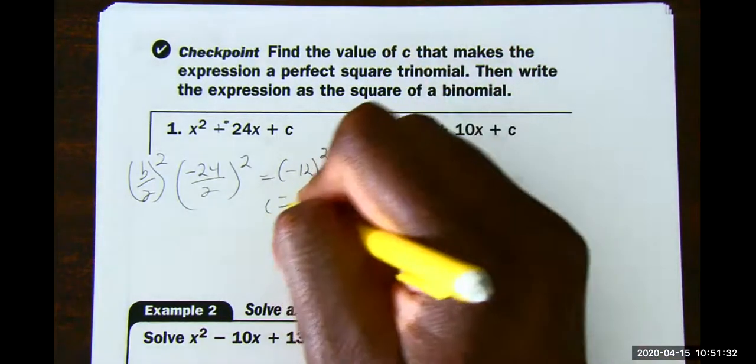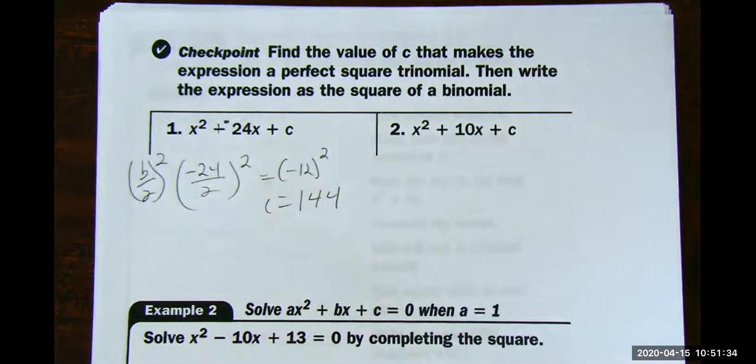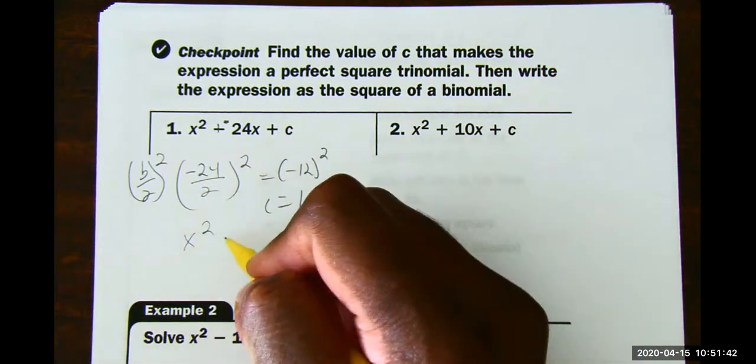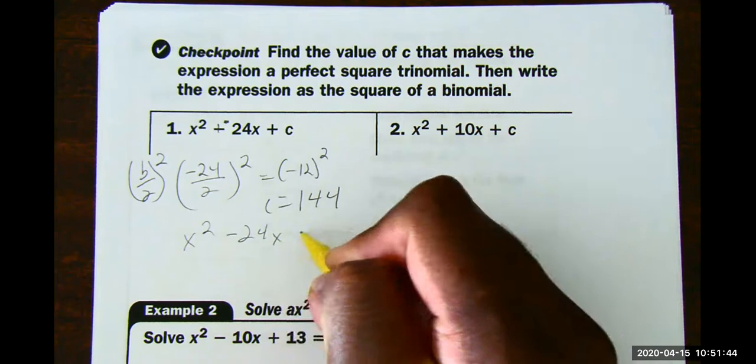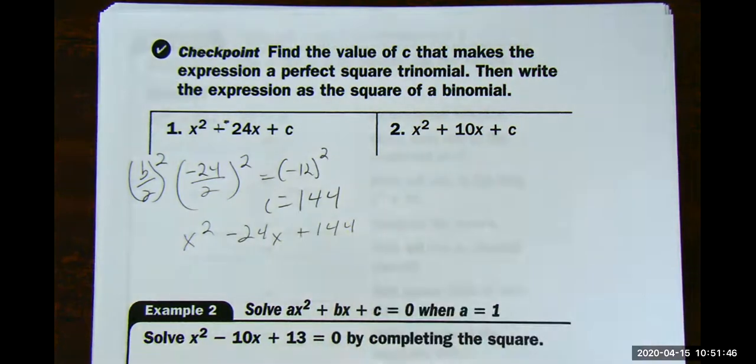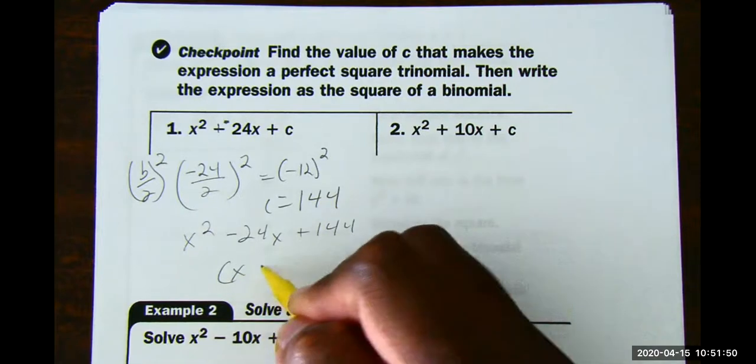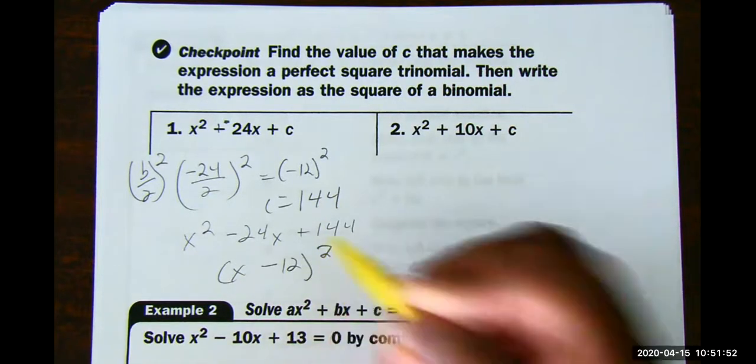So c equals positive 144, because negative 12 times negative 12 is positive 144. The equation would be x squared minus 24x plus 144. If I factored it, it would be x minus 12 squared.